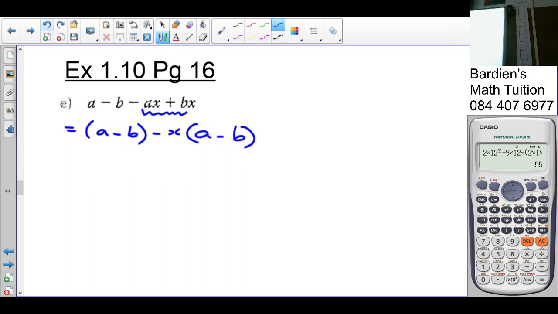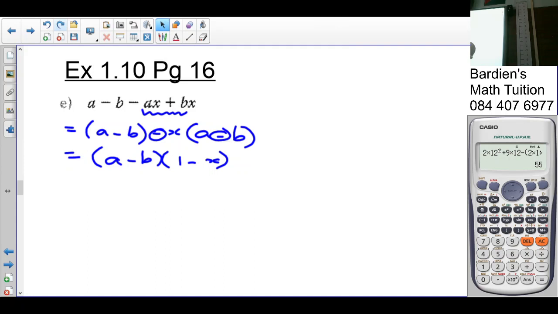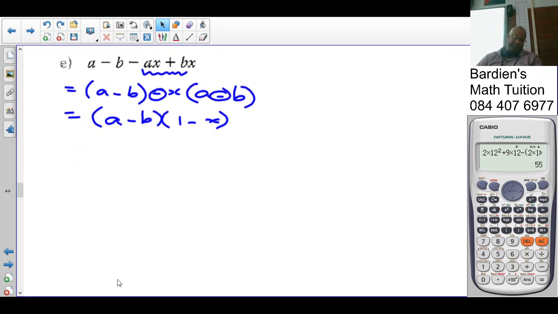Why minus? A negative times a negative, is it? You guys understand? So what's now common? A minus b. What are we left with? 1 minus x. Any problems there, people? None.